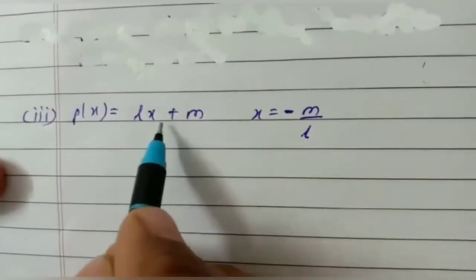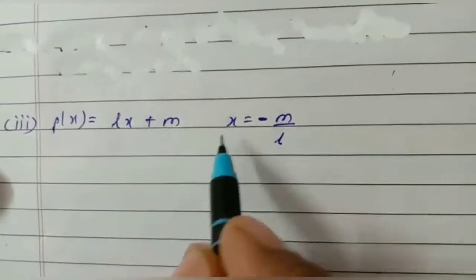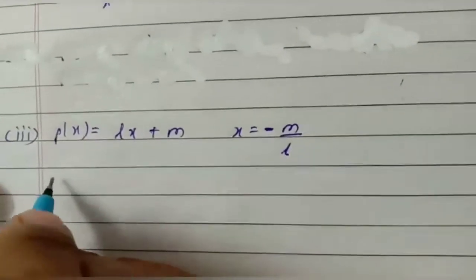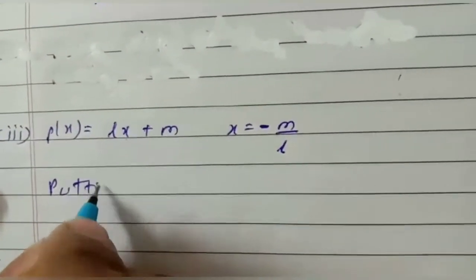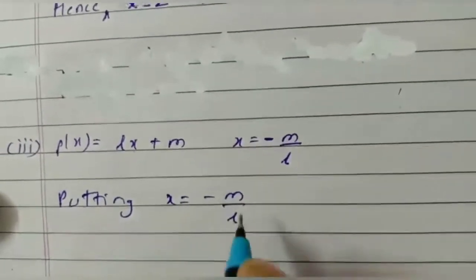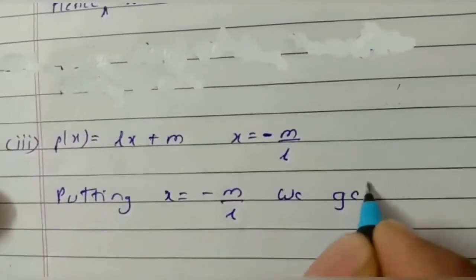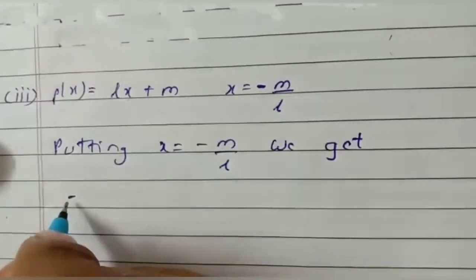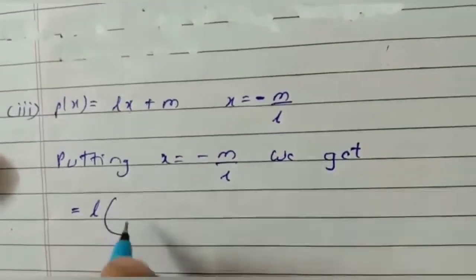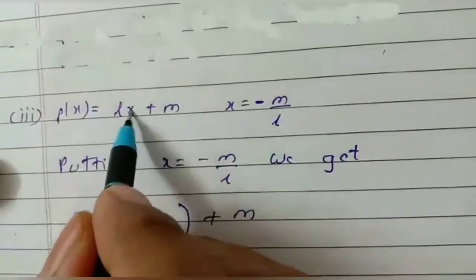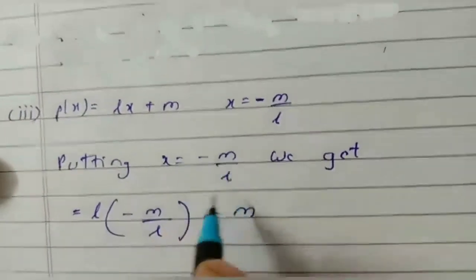Px equal to Lx plus m, and x has to be replaced by minus m by L. Right, putting x equal to minus m by L, we get P of minus m by L equal to L into minus m by L plus m. In place of x you have to write minus m by L.